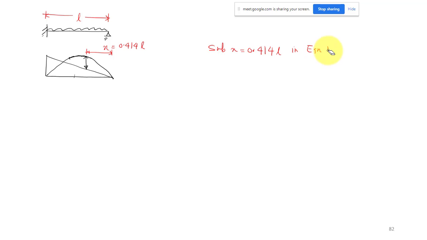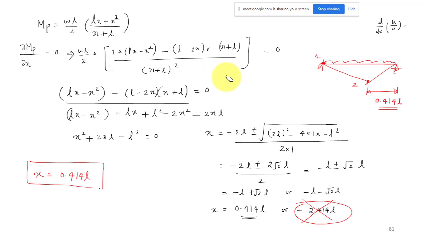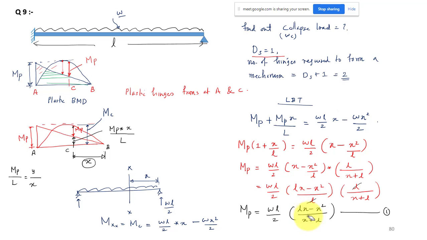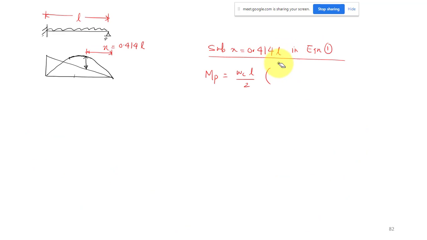equation number 1. Equation number 1 is MB, that is equal to WC L by 2 into (Lx minus x square) by (L plus x).